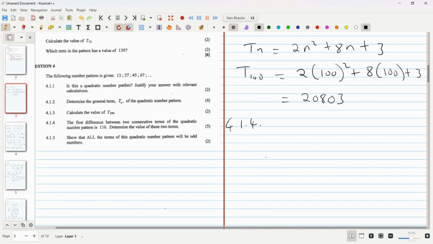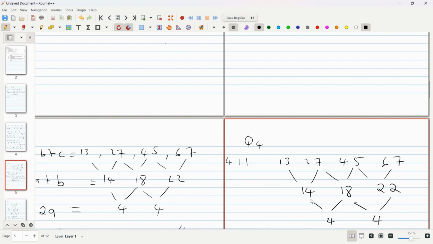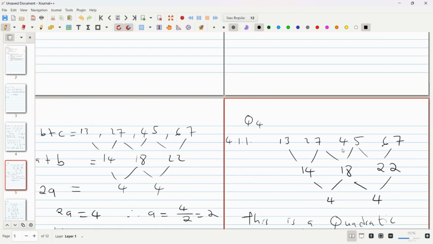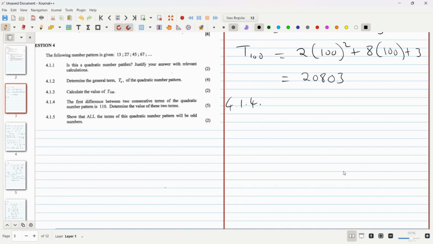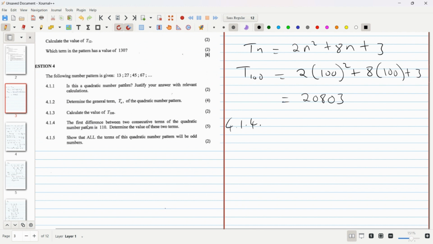4.1.4. So they tell us that the first difference between two consecutive terms of a quadratic number pattern is 110. Determine the values of these two terms, right? So from where we solved our quadratic pattern, if we can go back here, they give us the first difference between two consecutive terms, which is 110.